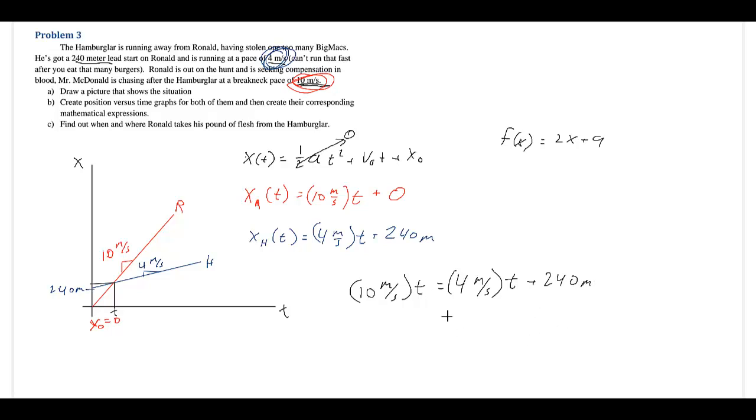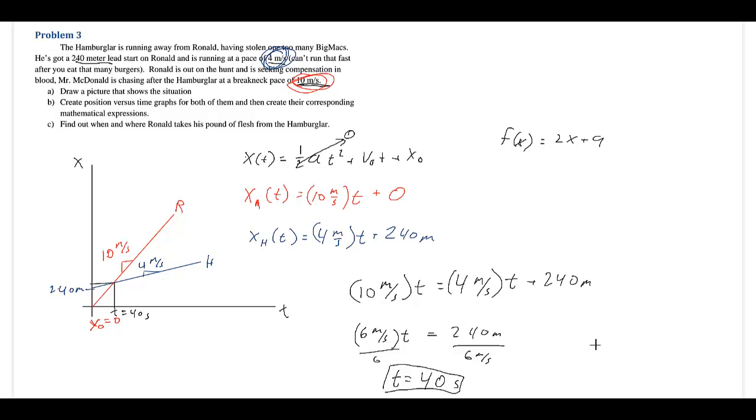So doing some algebra, subtract 4 from both sides here, we've got 6 meters per second t is equal to 240. Dividing out 6 from both sides, you end up with t is equal to 40 seconds. So that's how long it takes for them to collide.